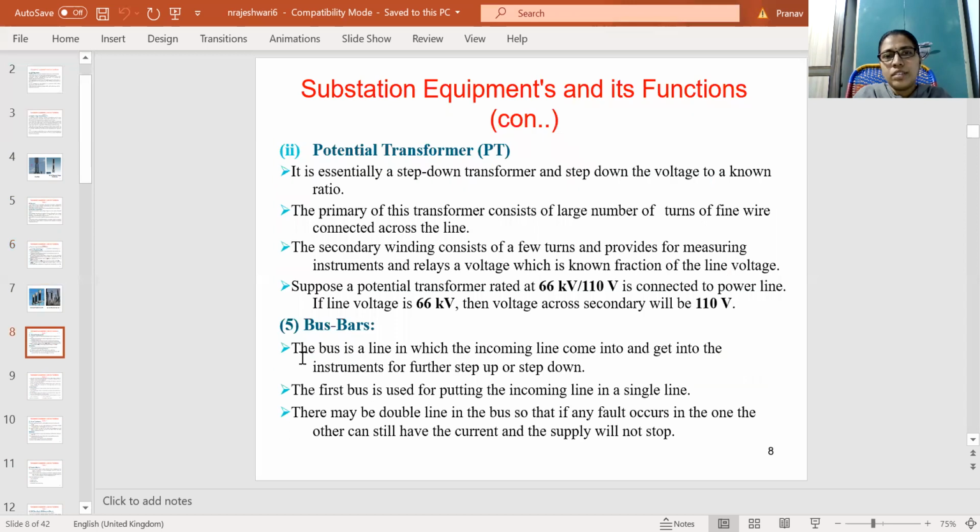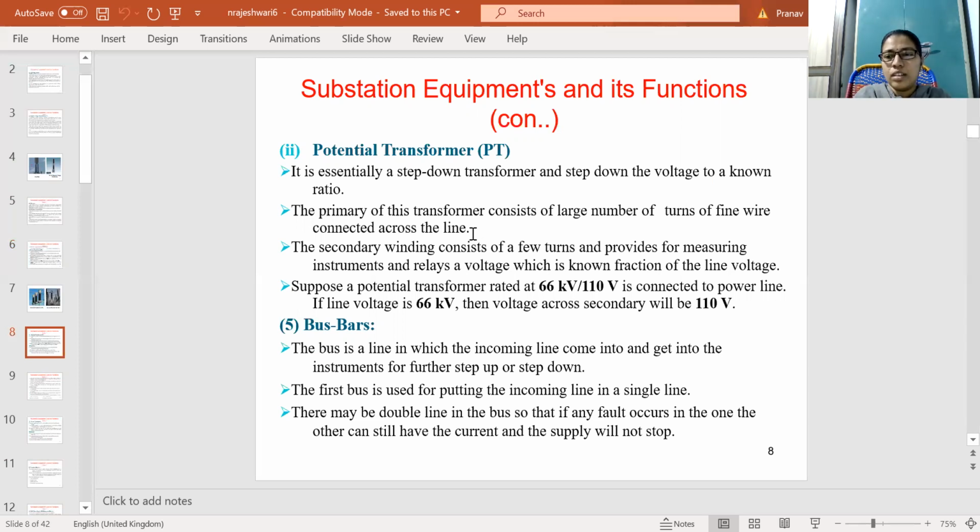Coming to the potential transformer, it is essentially a step-down transformer and steps down the voltage to a known ratio. In the case of the current transformer, it's a step-up transformer, but it steps down the current. The primary of this transformer consists of a large number of turns of fine wire connected across the line.